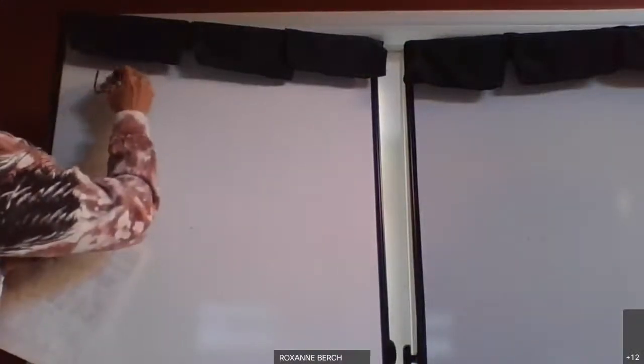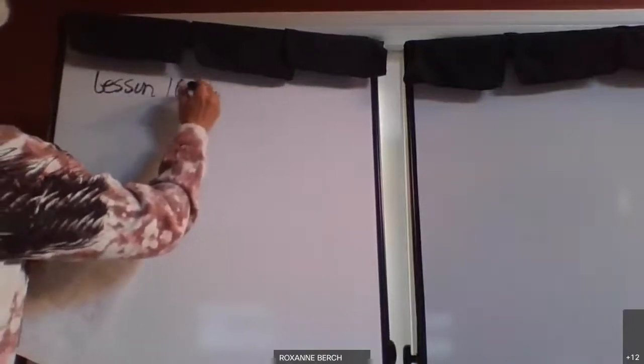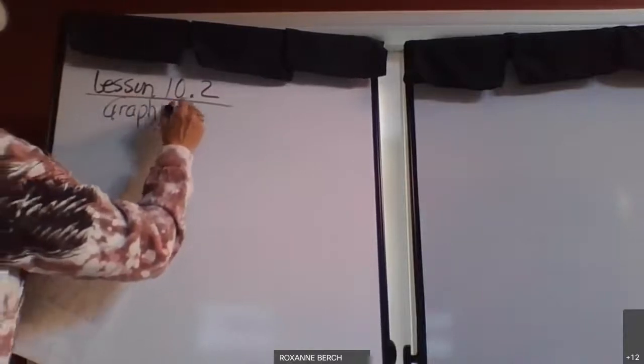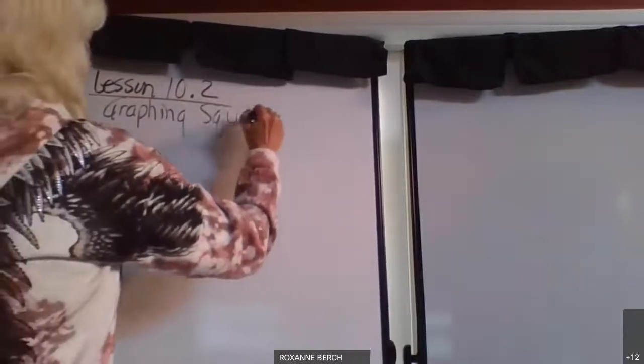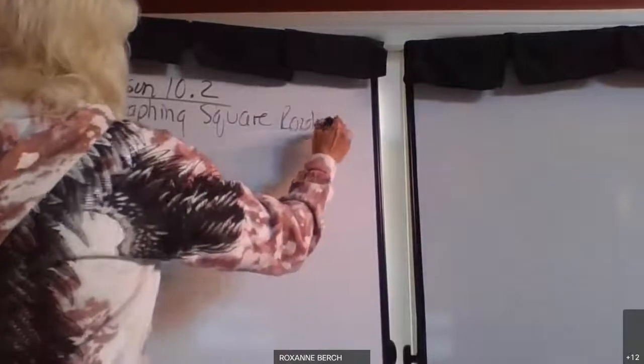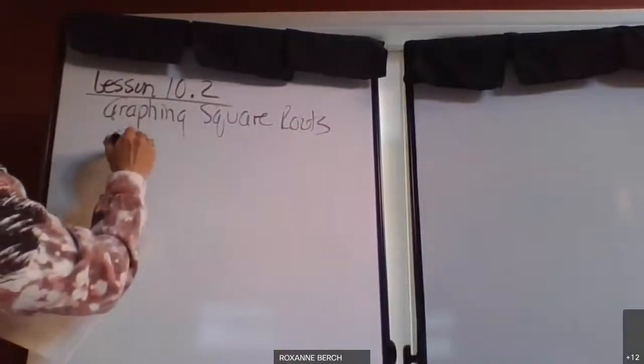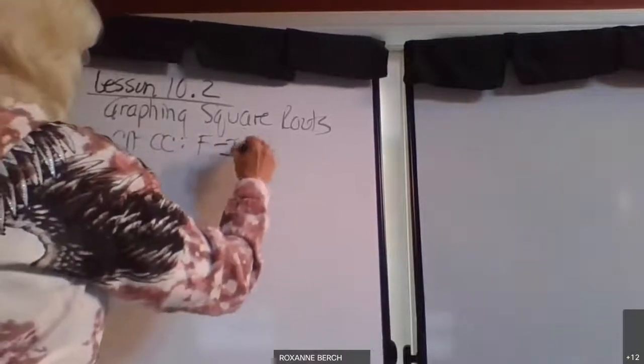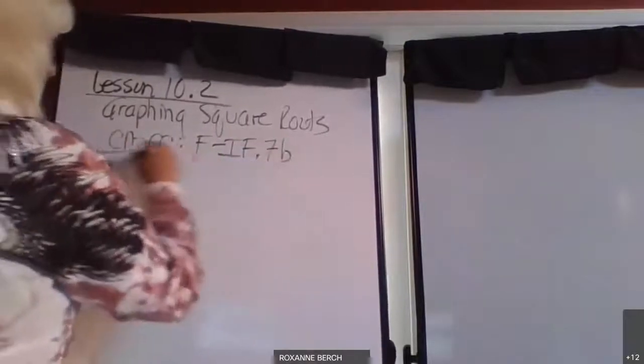All right. Okay. So let's take a look at lesson 10.2, which is graphing square roots. This is California Common Core Standard F-IF.7b.